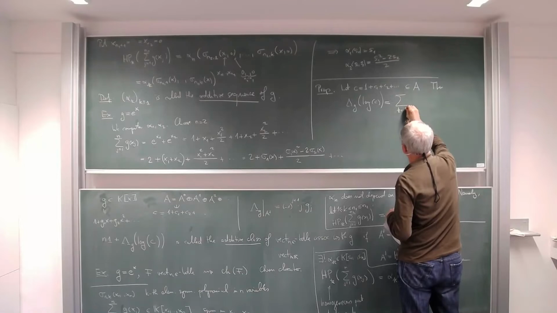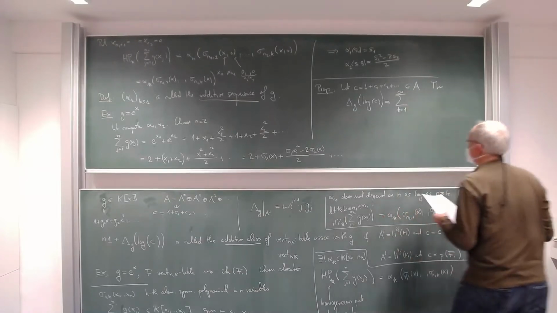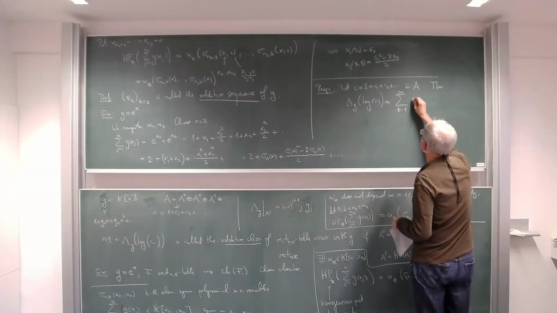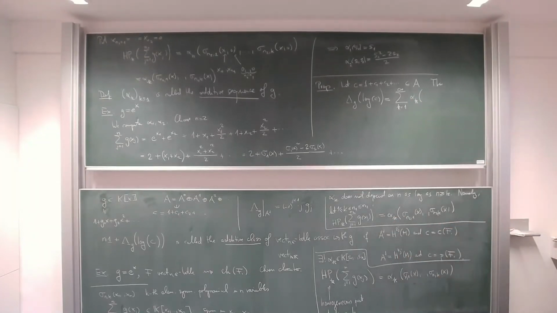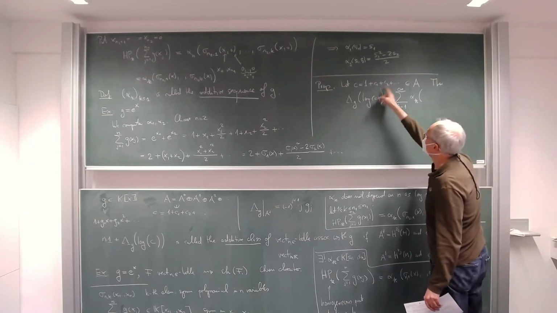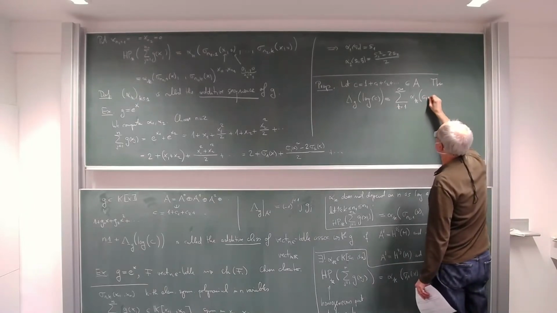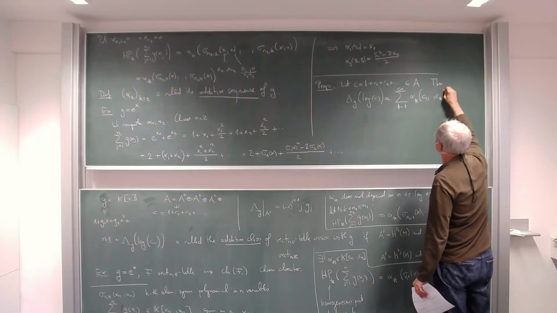Then we just take the sum all the way up to infinity. In reality, it would be finite, of course. Take alpha k in the additive sequence and insert these elements up to the kth one.